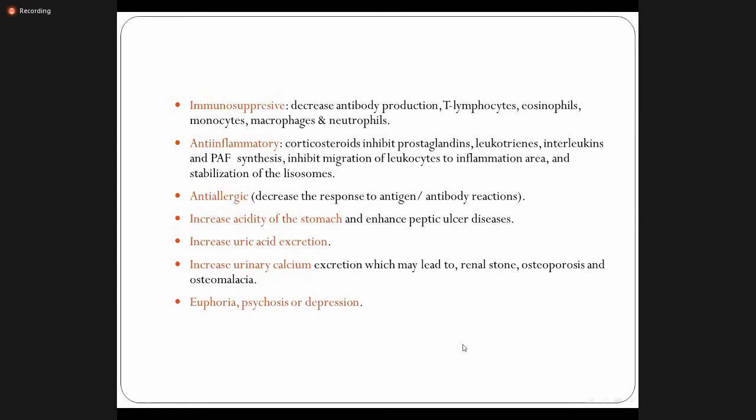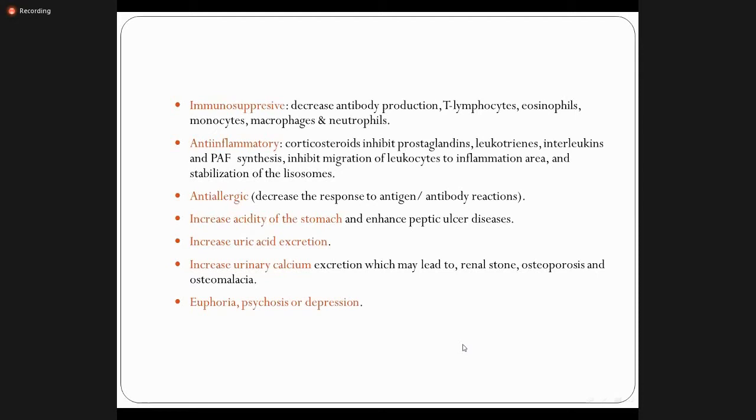Corticosteroids inhibit prostaglandin synthesis, leukotrienes, interleukins, and platelet activating factor synthesis, inhibit migration of leukocytes to the inflammation area, and stabilize the lysosomes, right? And in one of the lectures on NSAIDs, non-steroidal anti-inflammatory drugs, we already discussed this.